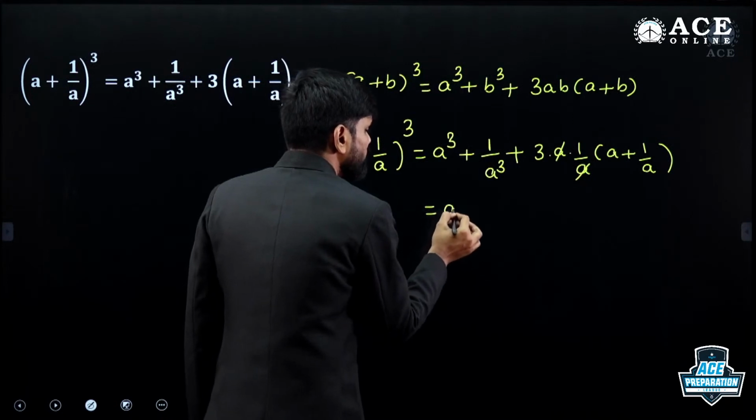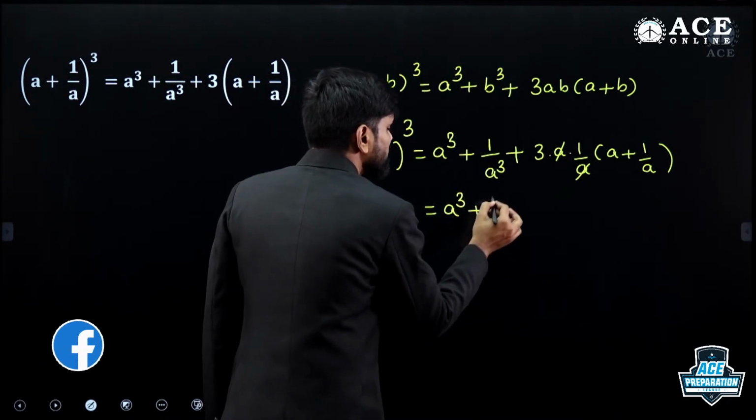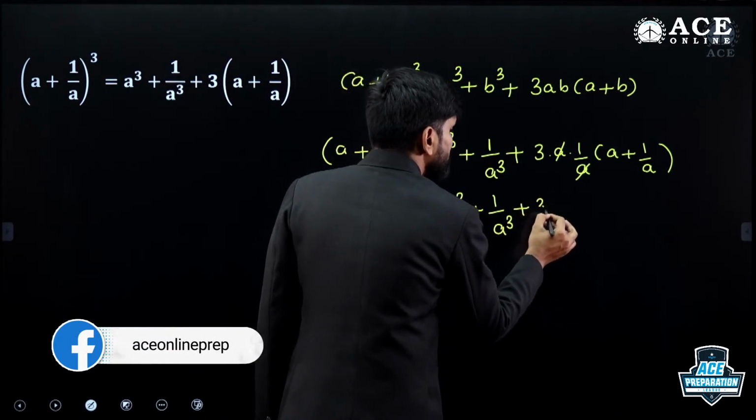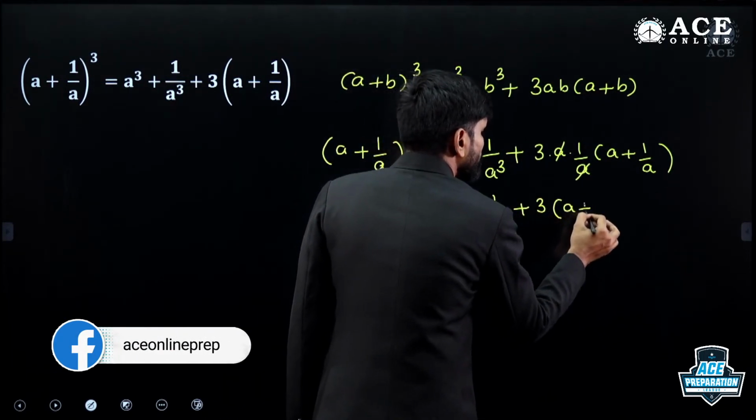It will be equal to a cube plus 1 by a cube plus 3 into a plus 1 by a.